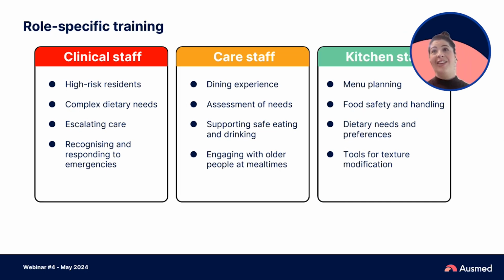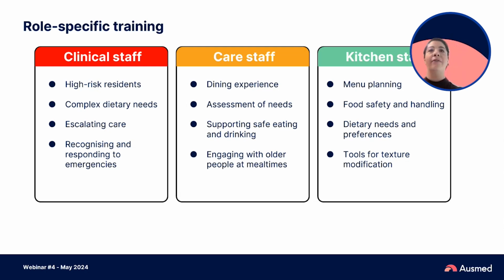How do we achieve that? As I said, there's a little bit more to it. We need to look at role-specific training. It's not a spray and pray. It's really identifying, based on the risk and your target audience within your organisation, who needs what. So for your clinical staff, education can focus on recognising and responding to an emergency and escalating care for those more complex, high-risk residents.